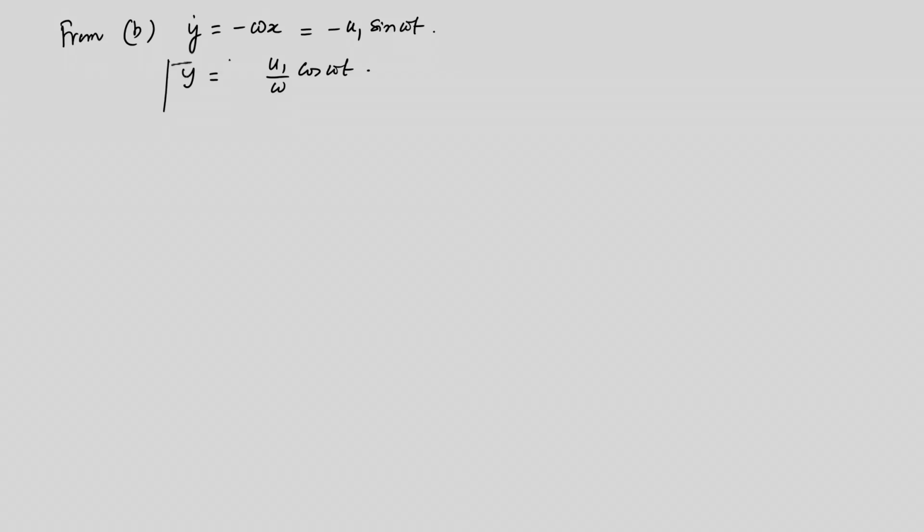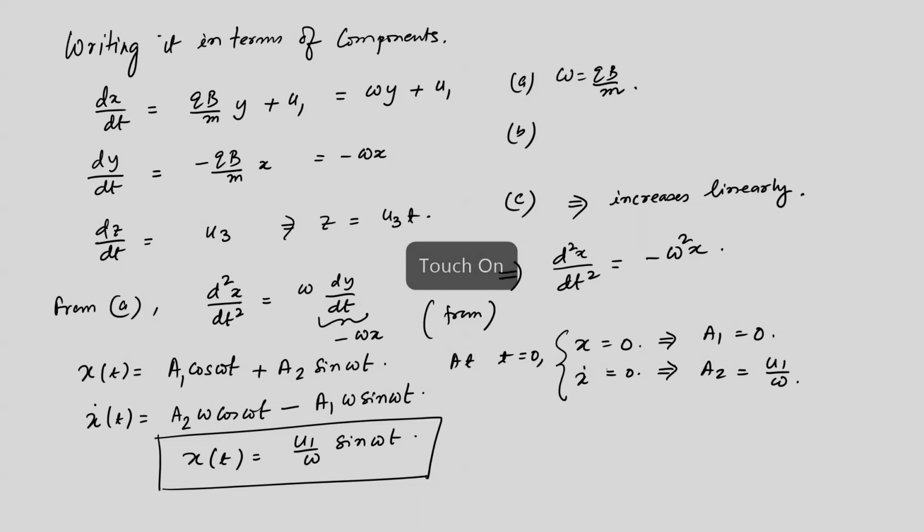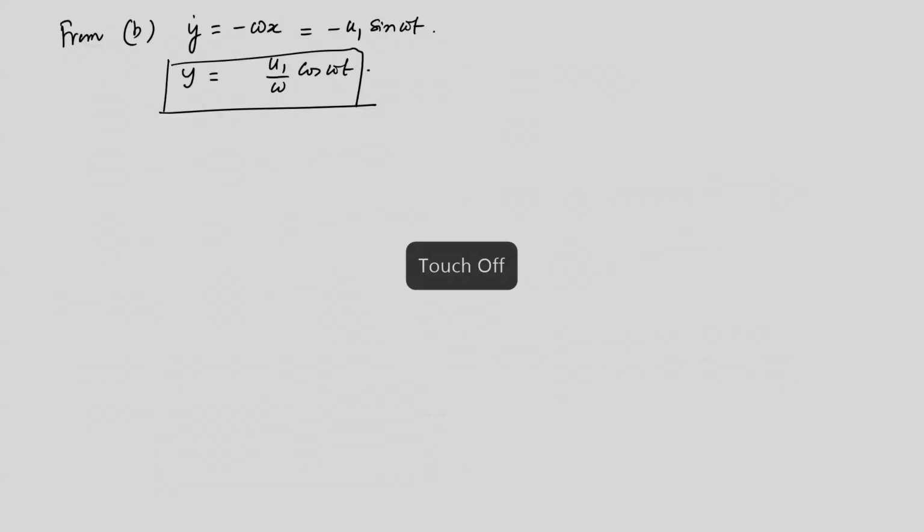So, in the x direction, it has a sine omega t with some amplitude, and also in the y direction there is the same amplitude and cosine omega t. If x and y have the same amplitude, one goes as sine, the other goes as cosine, it is going to be a circular motion in the xy plane.